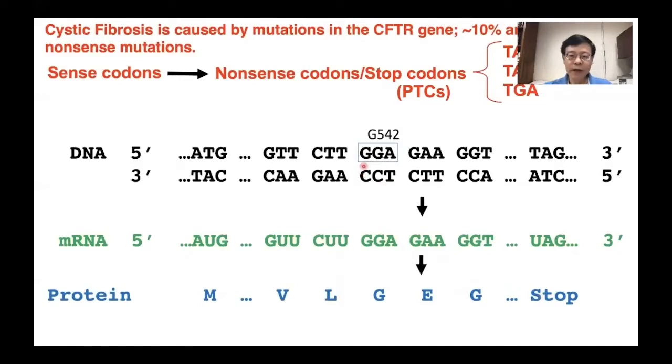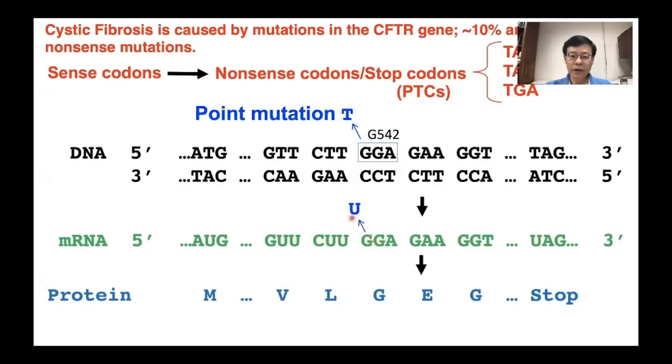For instance, in codon G542, the first G of this codon is mutated to a T, which creates a nonsense codon, a PTC. So this is a nonsense mutation at the RNA level, a UGA stop codon.